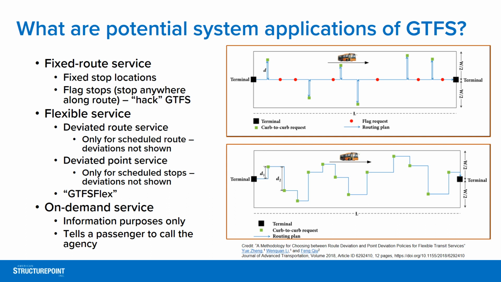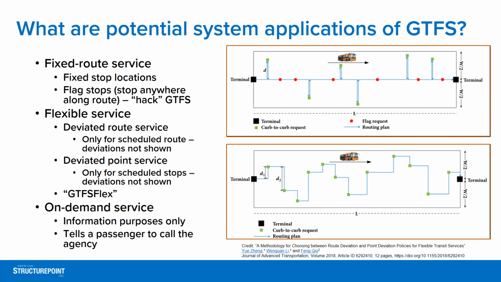Another type of flexible service is deviated fixed route service, where the bus makes a regularly scheduled trip from point A to point B, but along the journey is making short-term deviations from that fixed route to accommodate passenger requests that are either called in, submitted online, or are given to the driver when the passenger boards the bus.